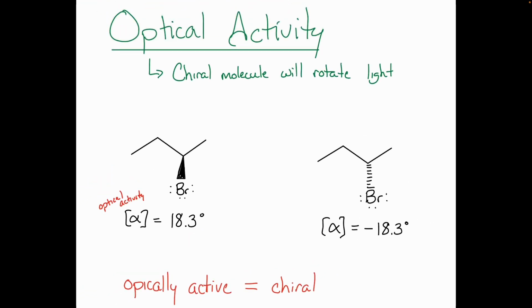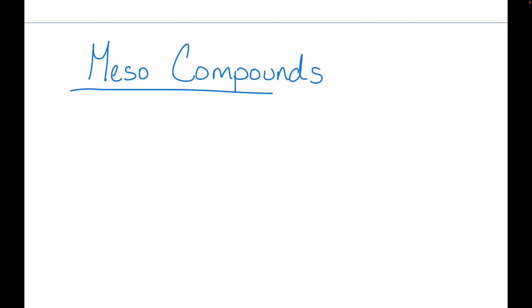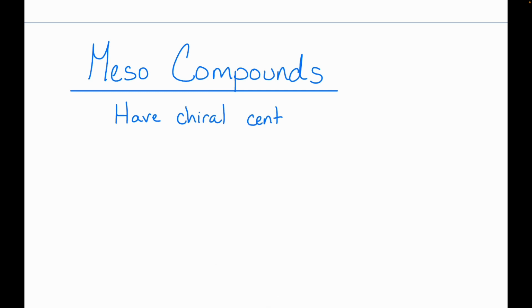There's an important exception to this discussion of how we spot chiral molecules, and those are what are called meso compounds. Meso compounds have chiral centers, but they are not chiral.